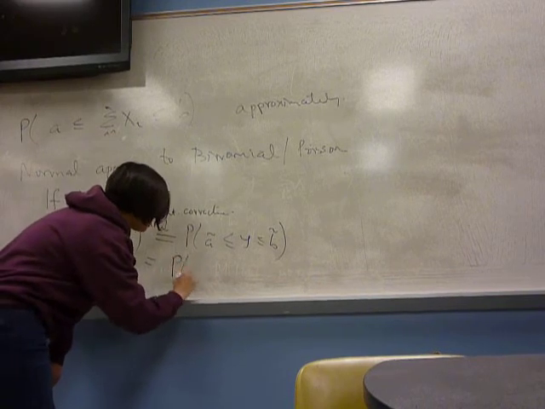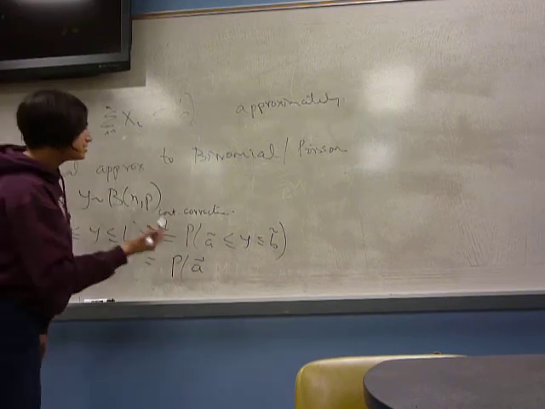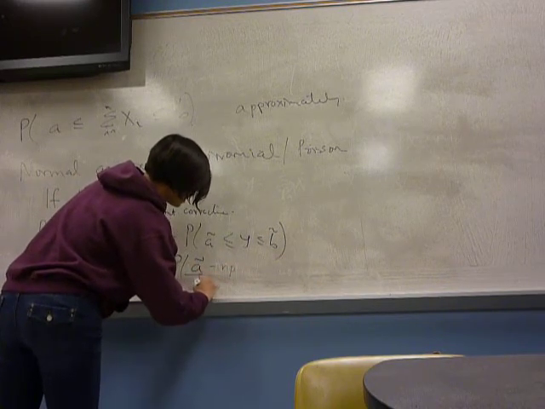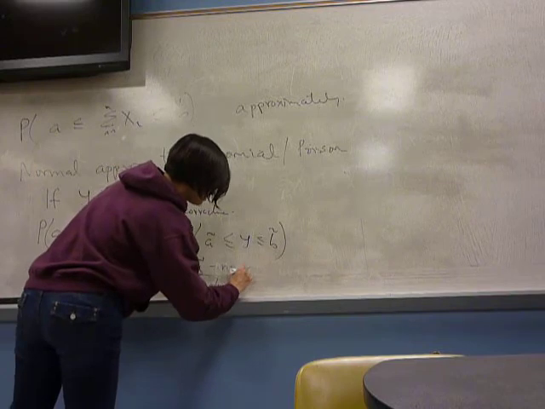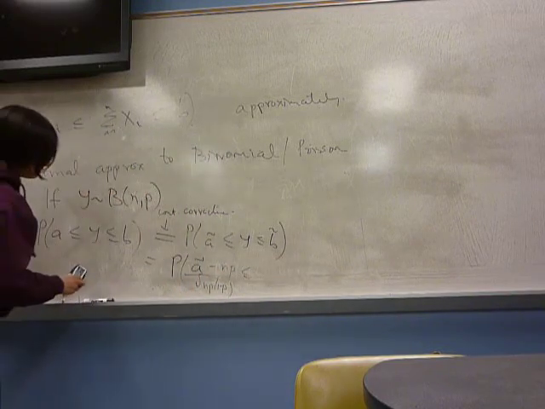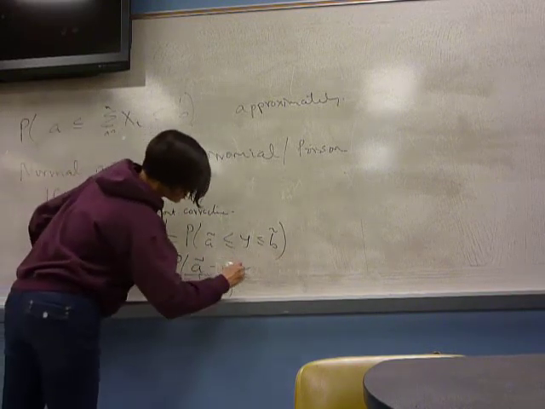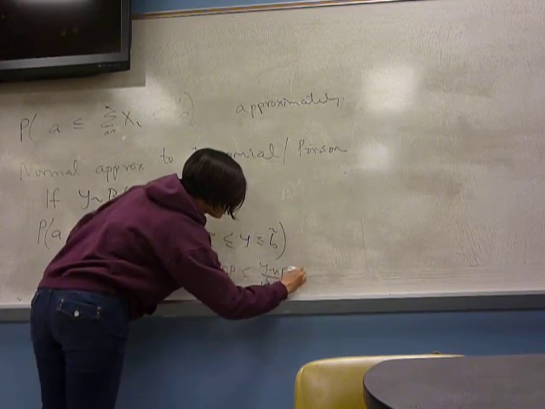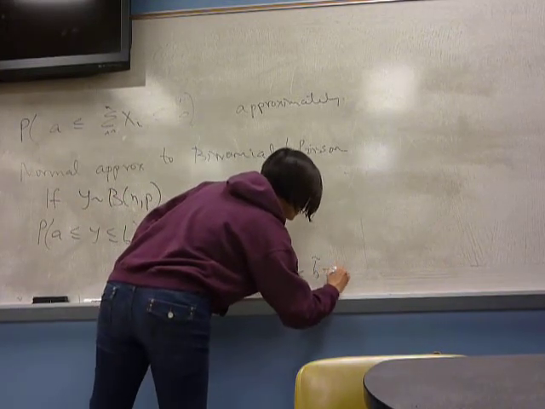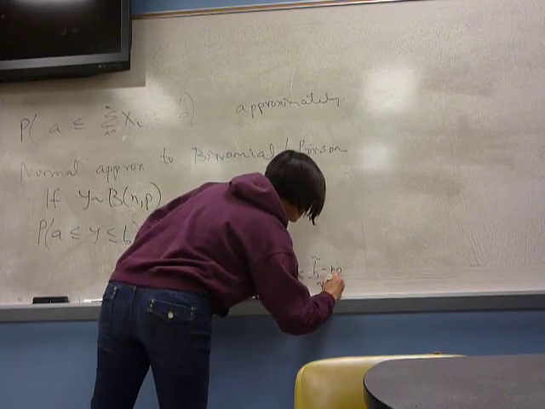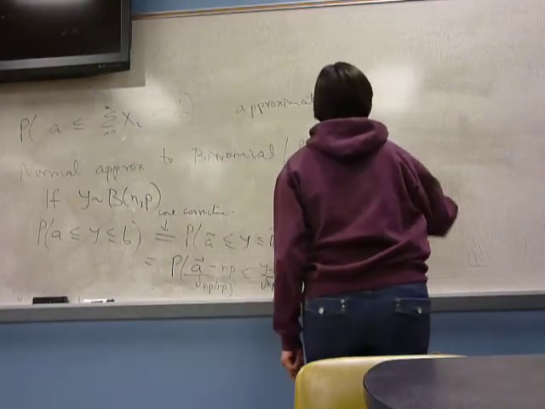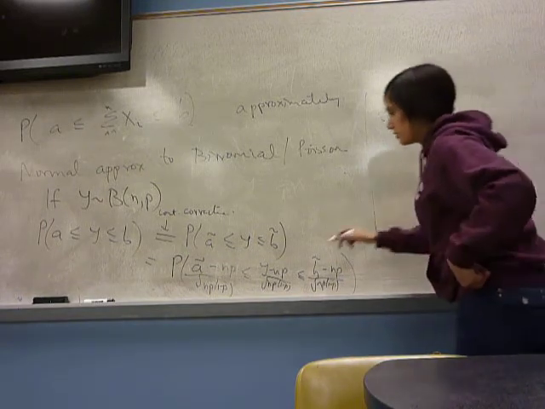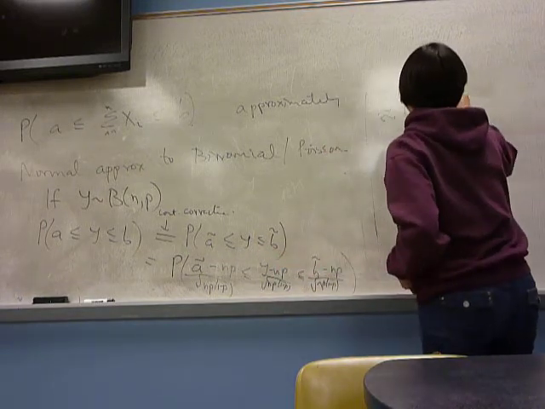And then the central limit theorem in this case would just be y minus np divided by square root of np times 1 minus p. And then at this point you say it's approximately, and that means you've used the normal distribution now. You're assuming this is now normally distributed.